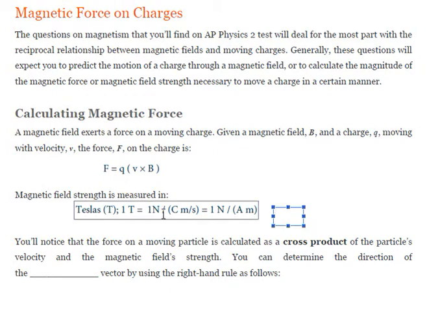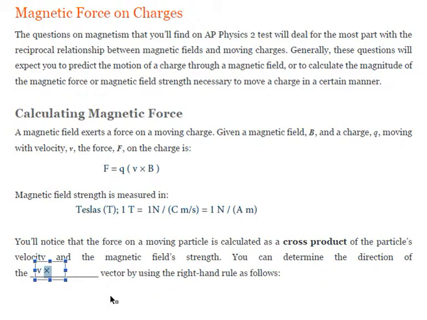So I said just a little bit ago that this relationship is actually called a cross product. So we take two vectors, we get a vector out. The only trick is they all have to be kind of perpendicular to each other. They all have to meet at right angles to each other. So we can actually do that pretty simply. We can figure out the direction of the V cross B part by using what's called a right hand rule.